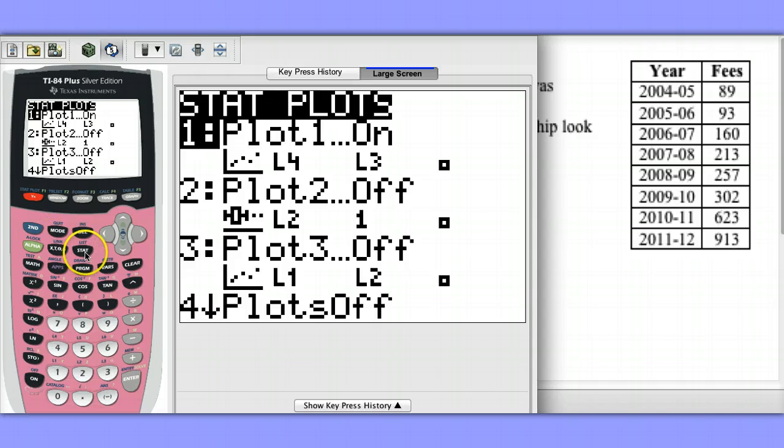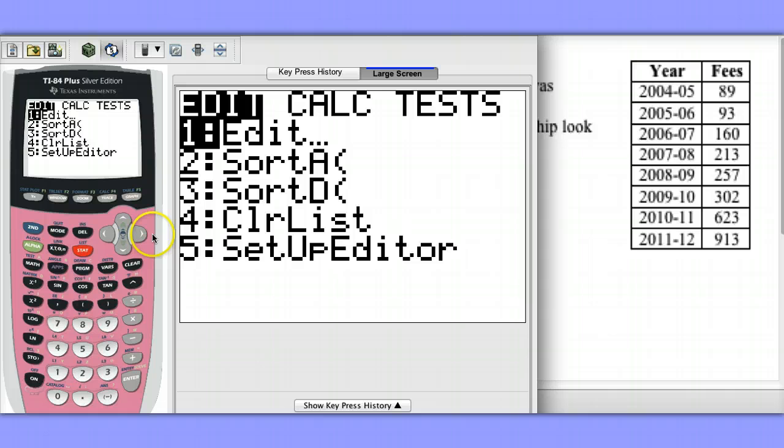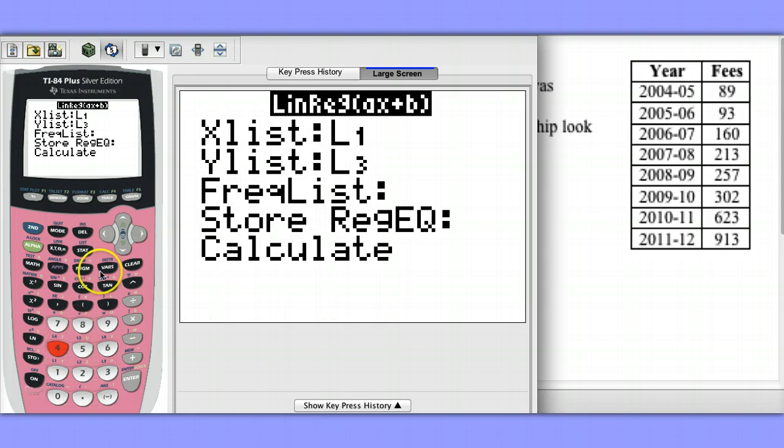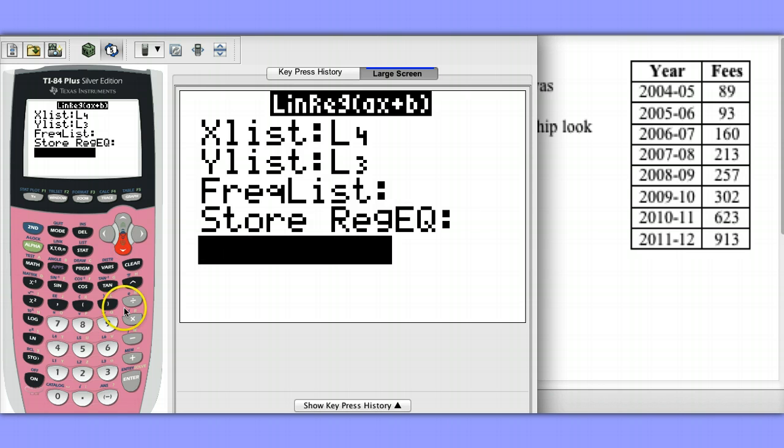So let's actually run a linear regression on this and see what we get for our equation and for our residual plot. So stat, calc, linear regression. Now my x's are list 4 and my y's are list 3. I'll come down to calculate.